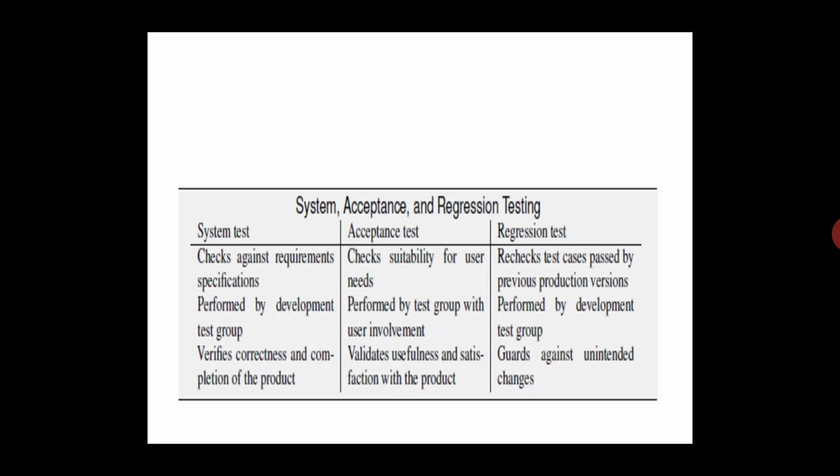System testing is usually performed by the development test group, whereas acceptance testing is performed by a test group with user involvement.